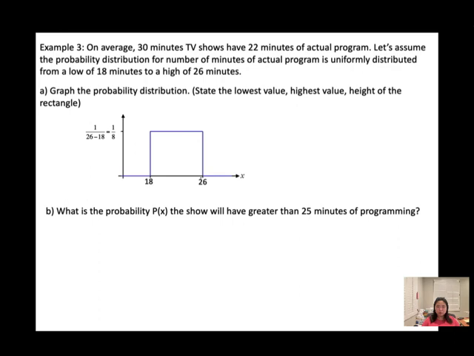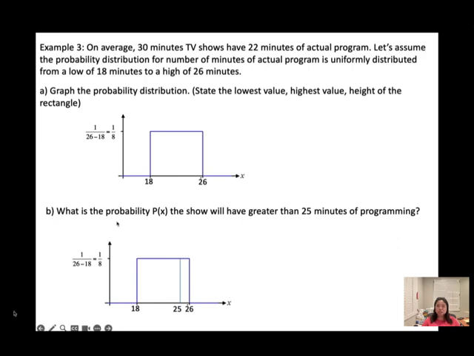B, what is the probability P of x, the show will have greater than 25 minutes of programming? So first, graph the probability distribution. We already have this picture. And then they want to find the probability of greater than 25 minutes of programming. So 25 is somewhere like here. Greater than, so it's talking about this side here. And remember I said every time they're looking for the probability, it means they're looking for the area.